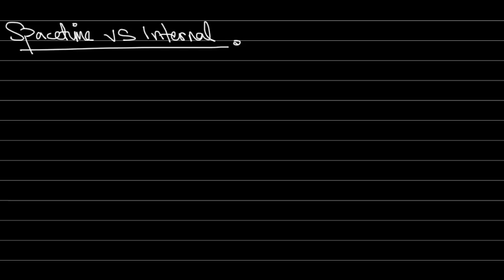However, on the other hand, internal transformations will do absolutely nothing to coordinates, right? And over here, let's give you some examples of the space-time symmetries and the internal symmetries, right?